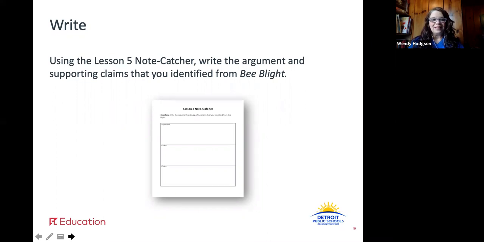Okay, fantastic. Welcome back. I know the writing piece is actually where your authentic learner really moves with the article and all the work and thinking and talking you're doing. So when you get into your argument, what was the author of this particular article trying to argue? Bee populations are in jeopardy.